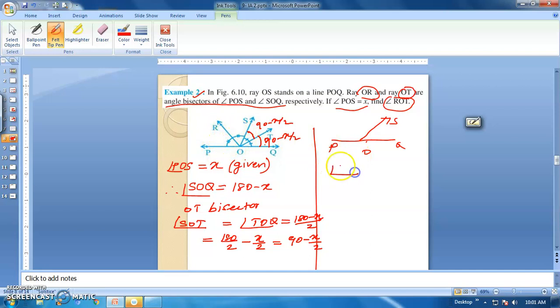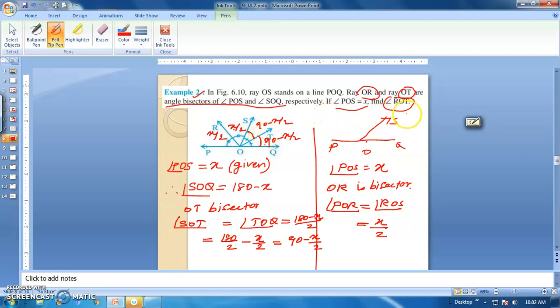Angle POS equal to X is already given, and OR is the angle bisector, which means these two angles are the same, that is angle POR equal to angle ROS. Both are equal, and the full angle is X, so half of the angle is X divided by 2. So angle POR equal to X by 2 and ROS equal to X by 2.